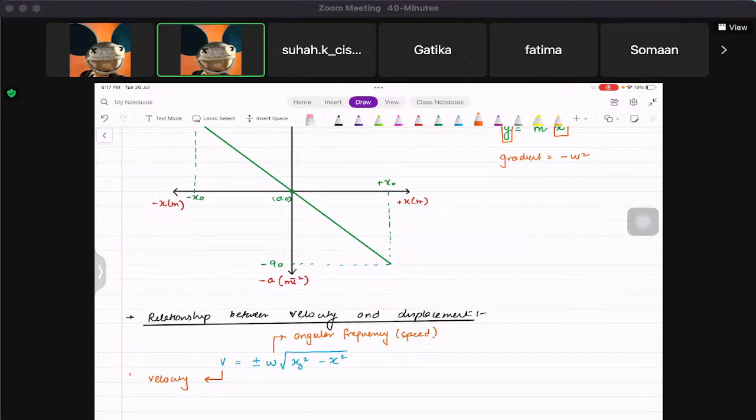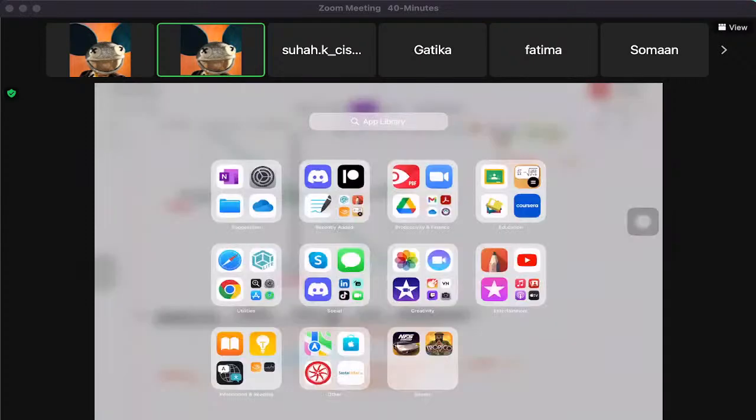This x naught is basically the maximum displacement, and this x is the displacement at a certain velocity, right? So this is basically the equation you need to remember. All right, now I just want to tell you, if you have written it, wait a second.